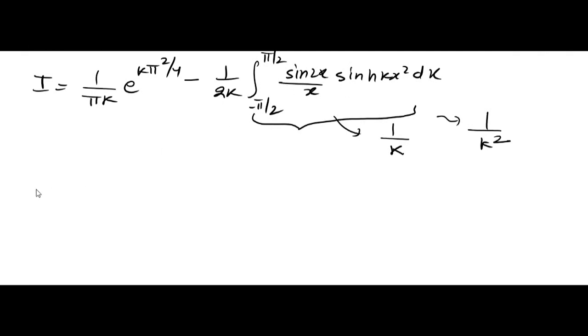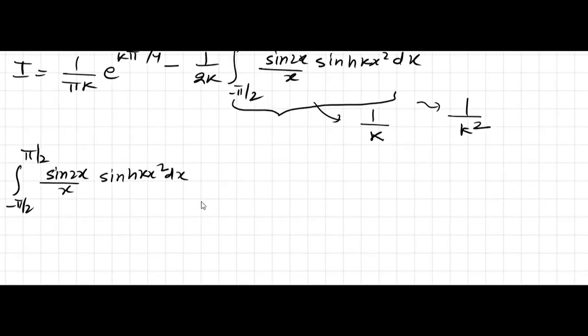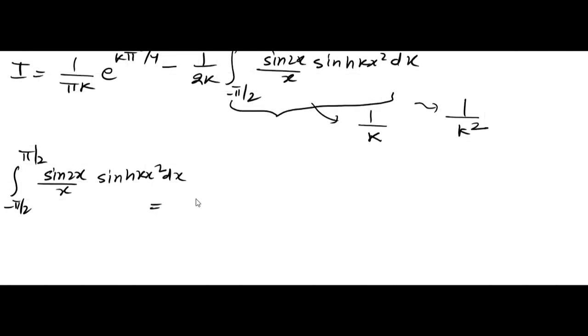Let us calculate this integral, from minus pi by 2 to pi by 2 of sine 2x over x sinh(k x square) dx. Let us use the product rule once again. So this function is first, this is second, so this is sine 2x over x.